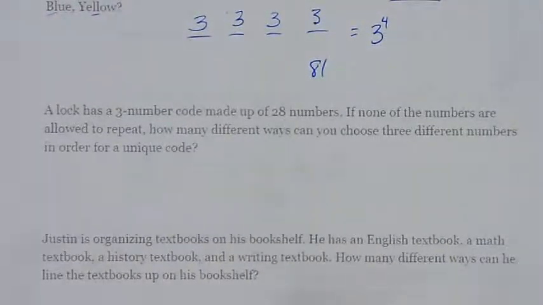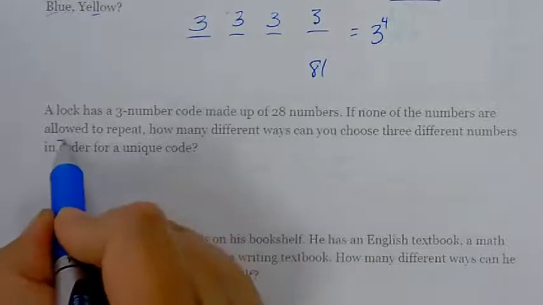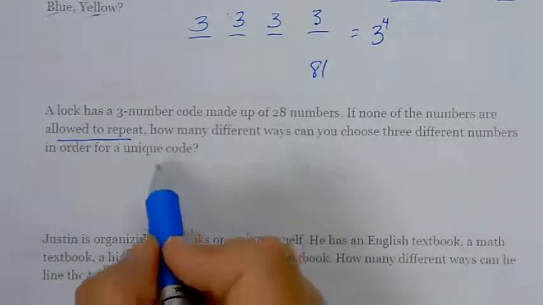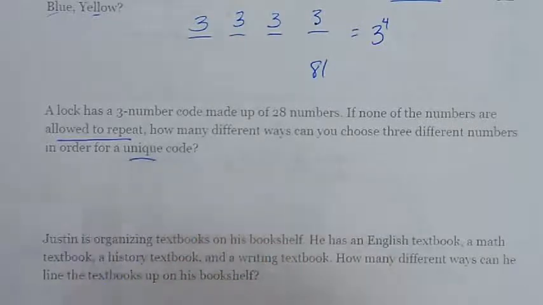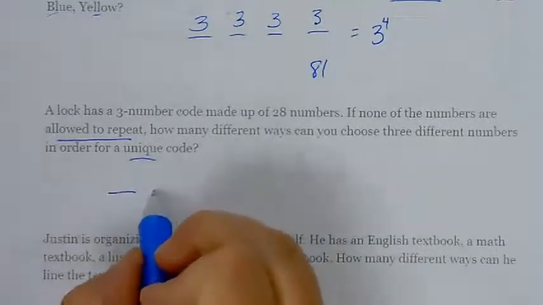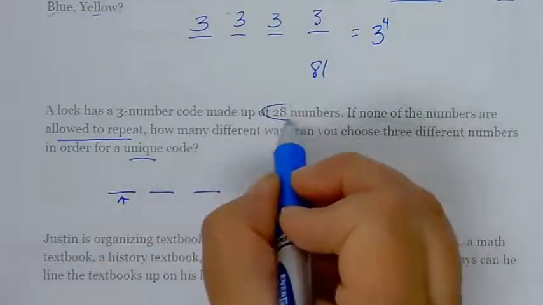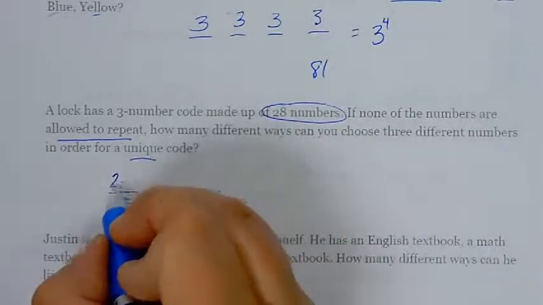A lock has a 3-number code made up of 28 numbers. If the numbers are allowed to repeat, this is important, how many different ways can you choose 3 numbers for a unique code? So I have a 3-number code, and in each one of these spots, I have 28 numbers to choose from.